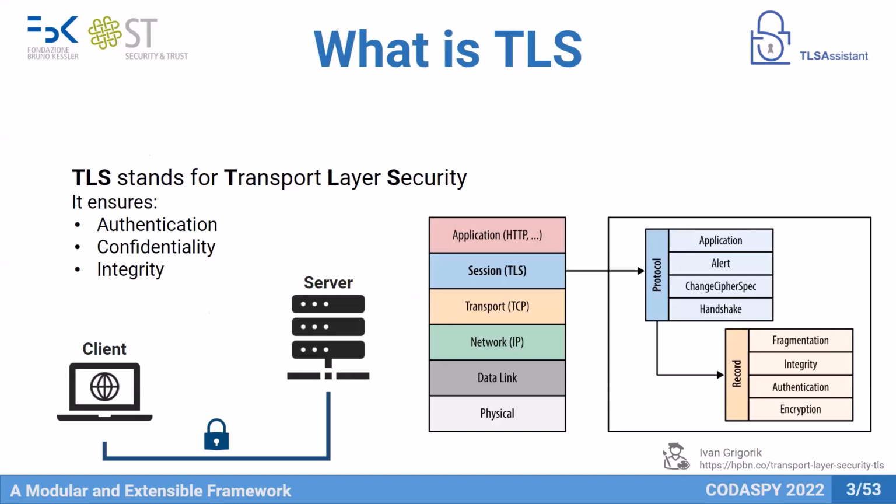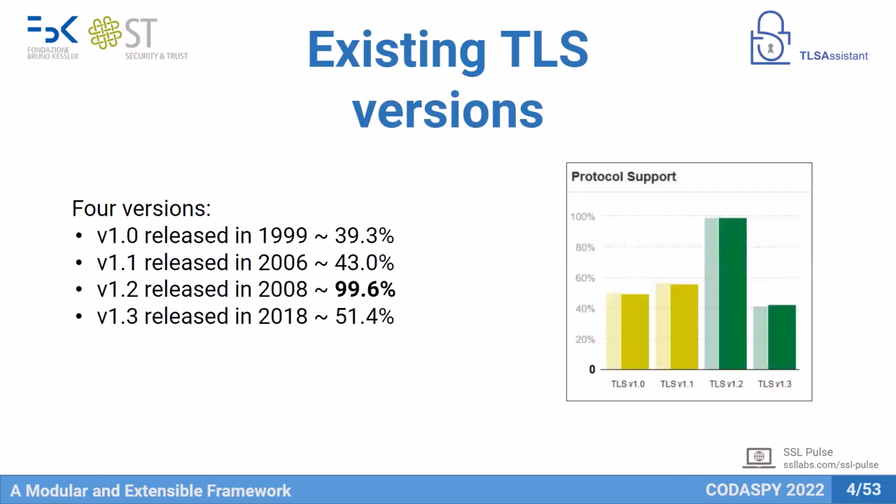Since that version, it has been enhanced 4 times, removing unnecessary and also insecure features, leading up to 4 existing versions to today. As you can see from this graph, these are the current levels of support each version has.